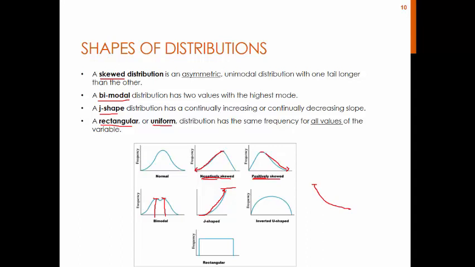This one here, where we start at the minimum and end at the maximum, is called a ceiling effect. And the one on the right, where we start at the maximum and end at the minimum, is called a floor effect.